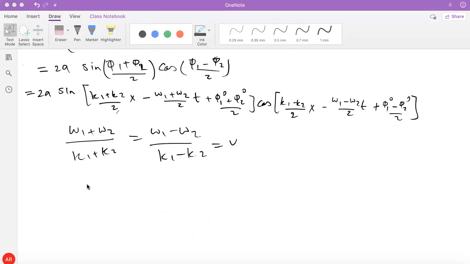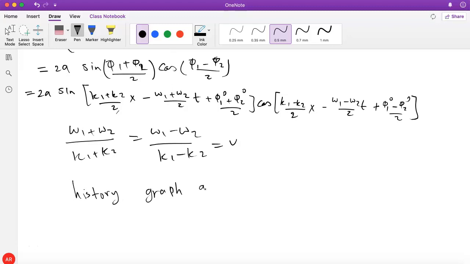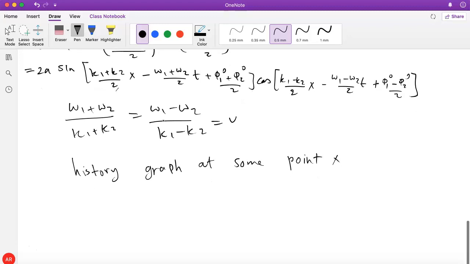Now, if we look at the history graph, so we fix x, with some phase shift, we get a sine function like this.